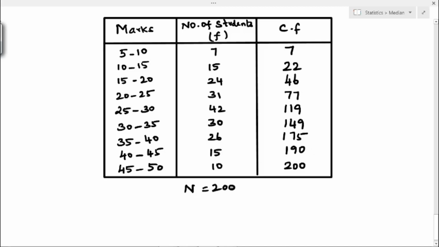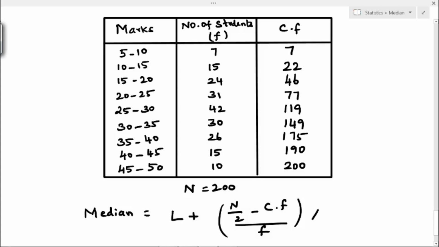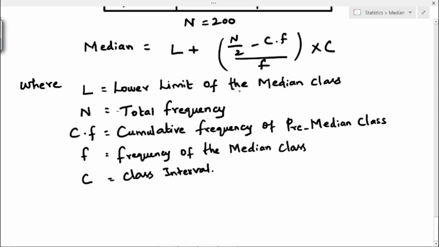Now we have to find the values and substitute them in the formula. The formula for the median in the continuous series is L plus (N by 2 minus cumulative frequency) divided by frequency into C. L is the lower limit of the median class, capital N is the total frequency, CF is the cumulative frequency of the pre-median class, F is the frequency of the median class, and C is the class interval.